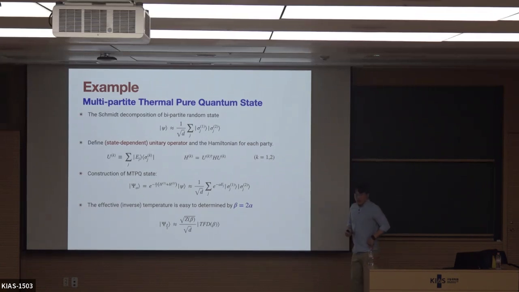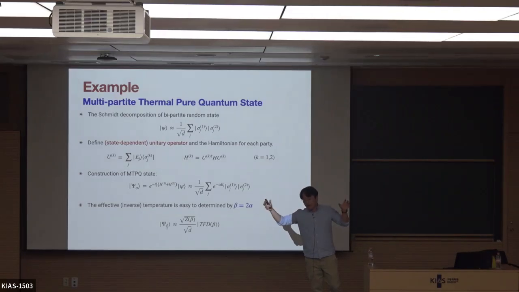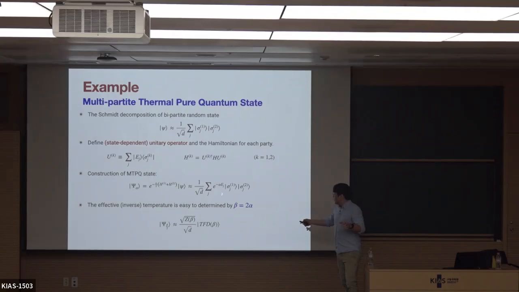In general, we define alpha by first calculating the reduced density matrix of each party, and then comparing, via the relative entropy, to the thermal state that we want, targeting some temperature beta thermal state, and trying to minimize the relative entropy. In this black hole case, it's easy to calculate: beta is 2 alpha, so this is basically beta over 2, which we know well. And then you can easily see that this state is nothing but the thermofield double state.